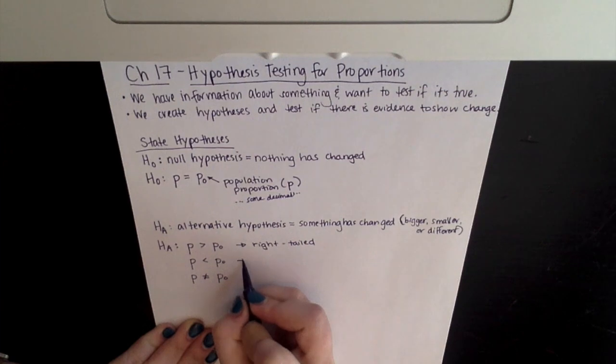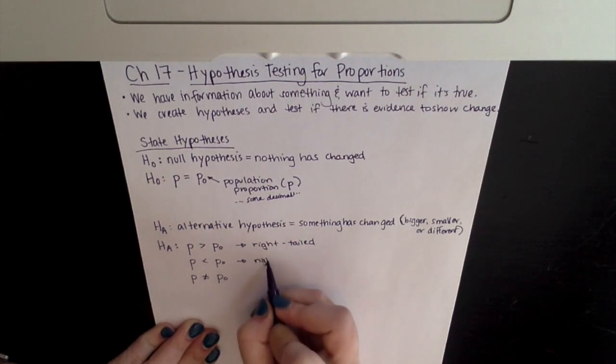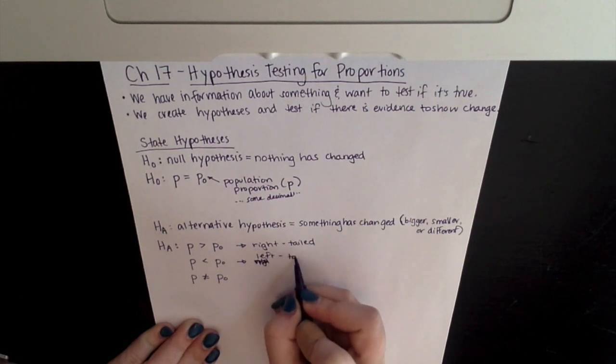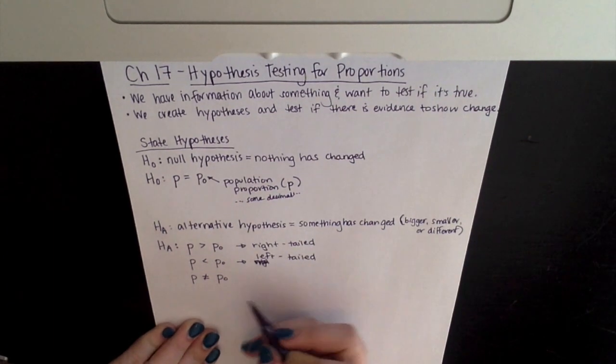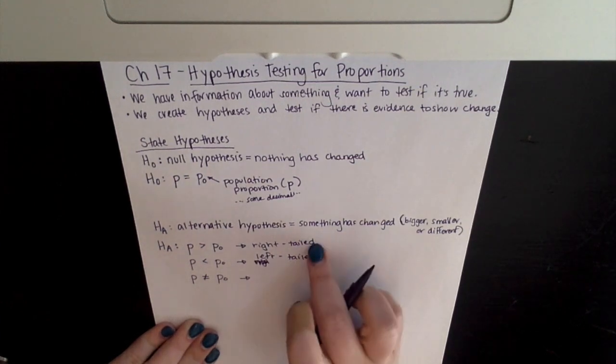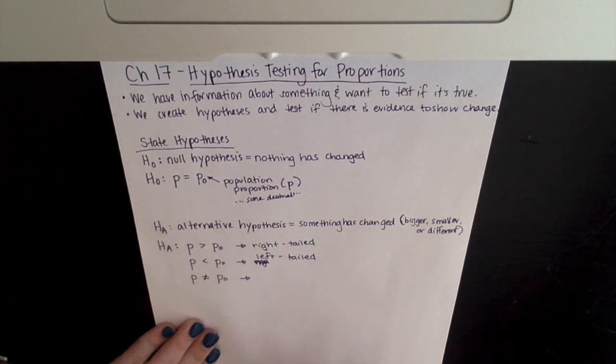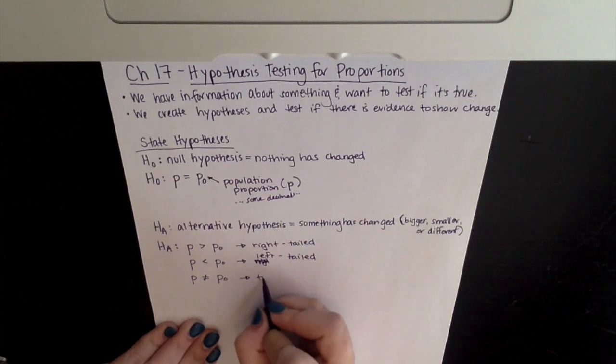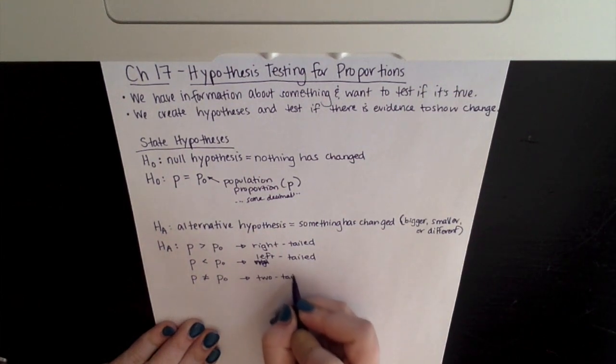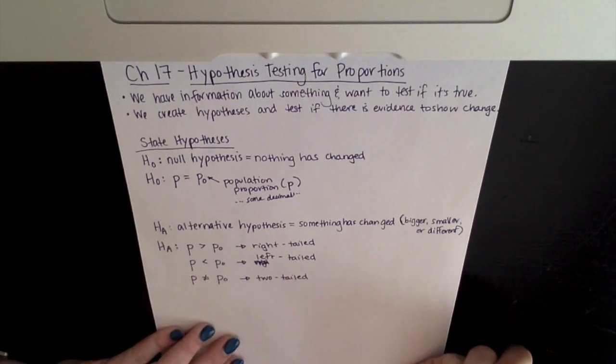This is referred to as a right-tailed test. This one is referred to as a left-tailed test, because in the pictures, the value lies on the right-hand side if it's greater, or on the left-hand side if it's less. And this is referred to as a two-tailed test.